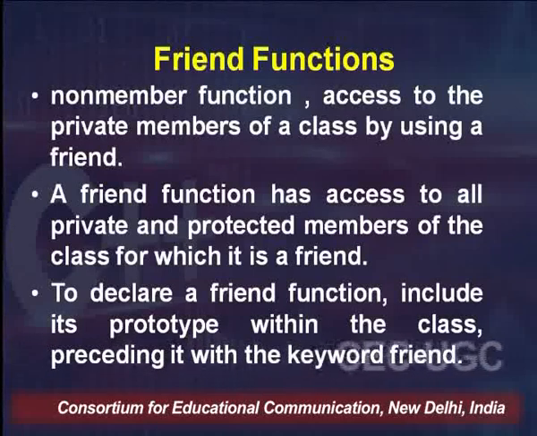Now the question arises: how are we going to declare a friend function? In order to declare a function as a friend function, we need to add the keyword friend before its prototype. That means we need to include the prototype within the class.